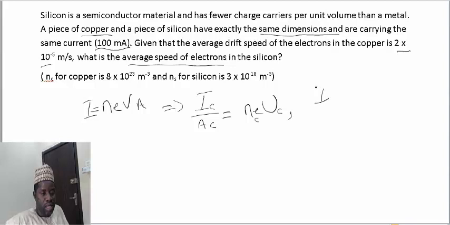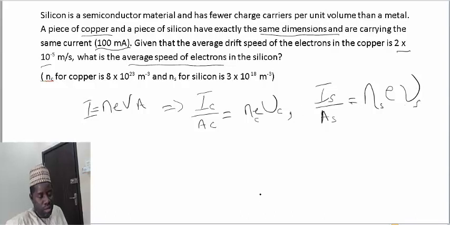Similarly, we can express this for the silicon: the cross-sectional area of the silicon, the charge carrier density of the silicon, the electron is the same electron, and the drift velocity is the drift velocity of silicon.